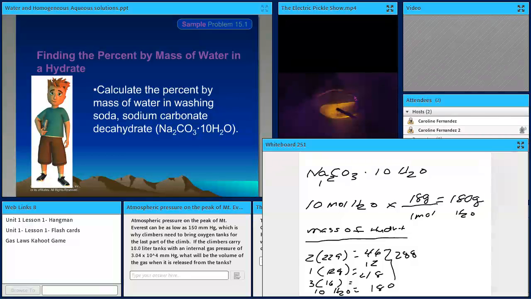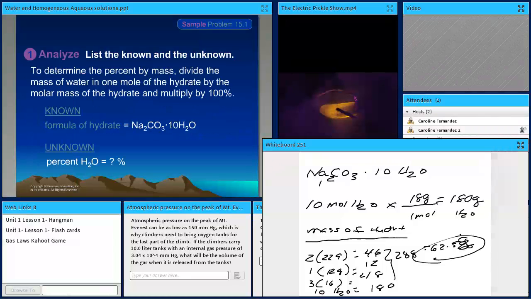Okay, so that should give us a total of about 62.5% of water.